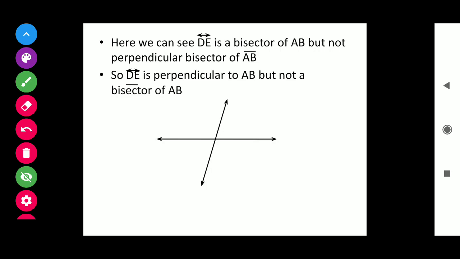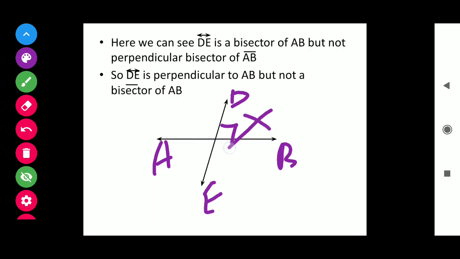Here we can see DE is a bisector of AB but not a perpendicular bisector of AB. Why? Suppose this one is DE and this one is AB. Here you can see that DE is a bisector because it is going through the midpoint, but it is not perpendicular because it doesn't make a 90-degree angle.